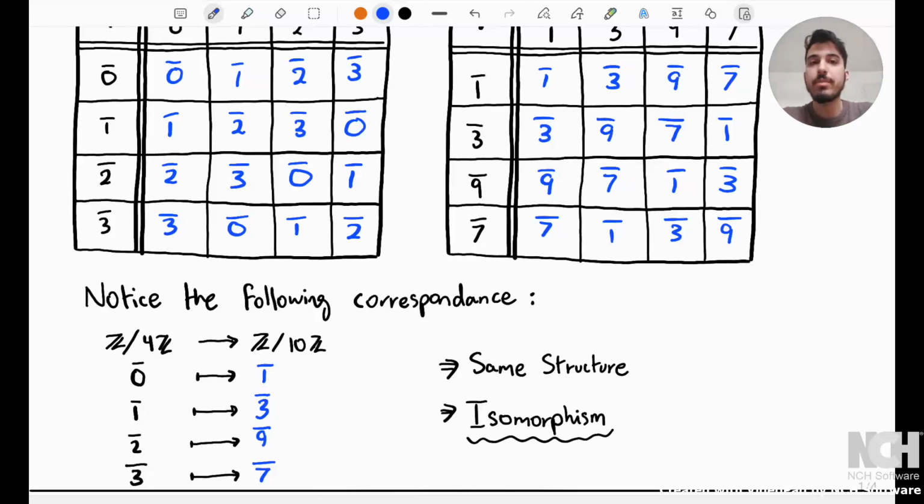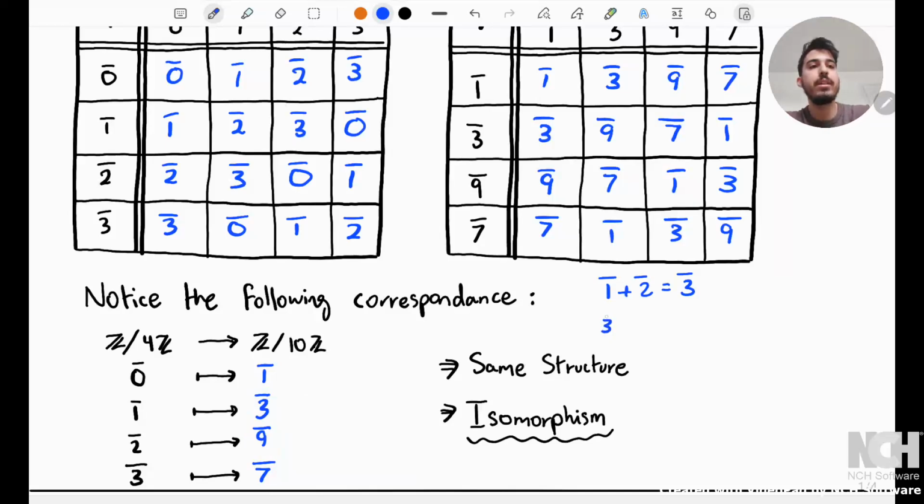Let us test them out. I'll give you an example, but you can test the other ones on your own time. Let's see. So let's take the elements 1 and 2 from Z4Z and let's add them. What we get is 1 plus 2 gives us 3. In Z10Z, we will take the corresponding elements and we will multiply them because we are in Z10Z.